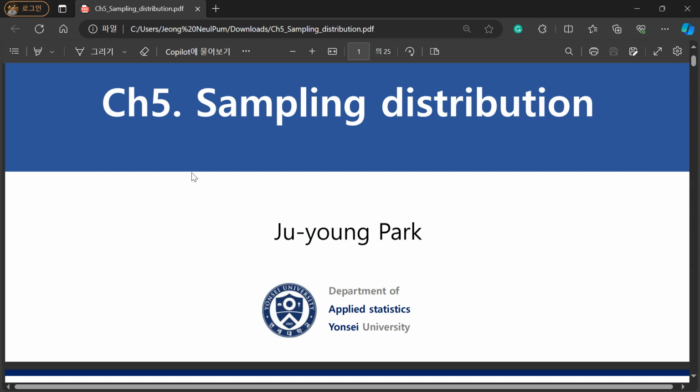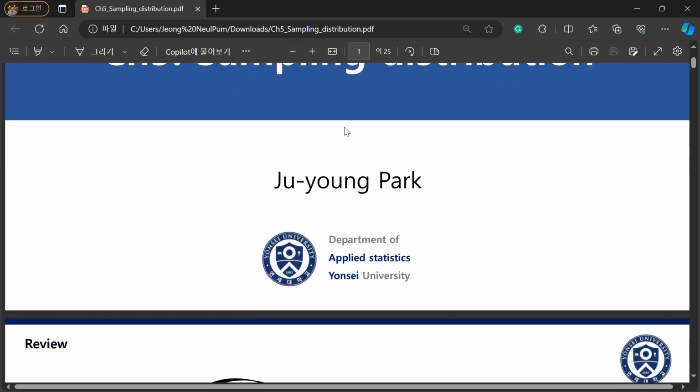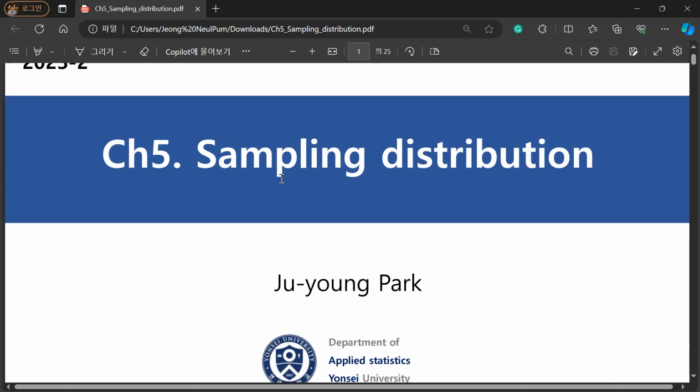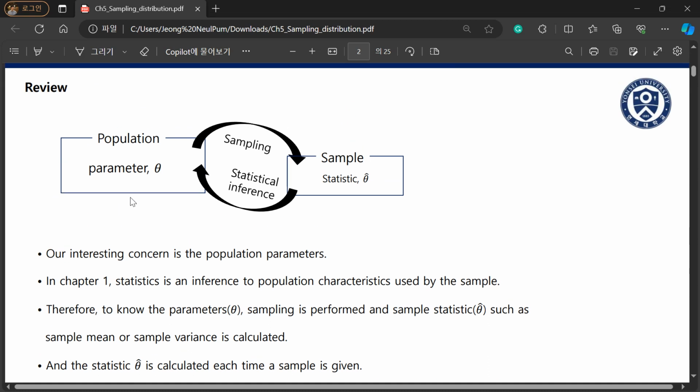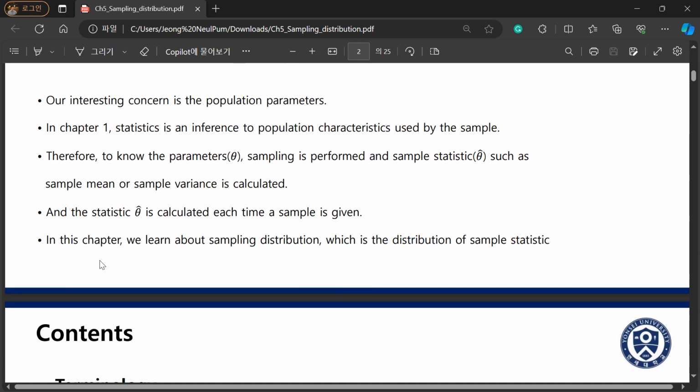So, as you already know this concept, sampling distribution, we are going to practice some situations in dealing with the sampling distribution. The sampling itself is a very popular thing in statistics because we always make an inference from the sample about the population parameter.